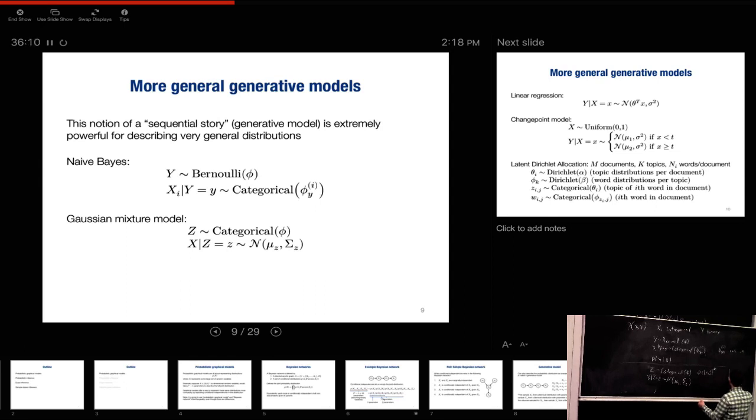If I wanted to come up with a distribution that had this kind of density, I could have a binary z variable, and I could have mu_1 be here and mu_2 be there, and then phi is, say, 1/2.